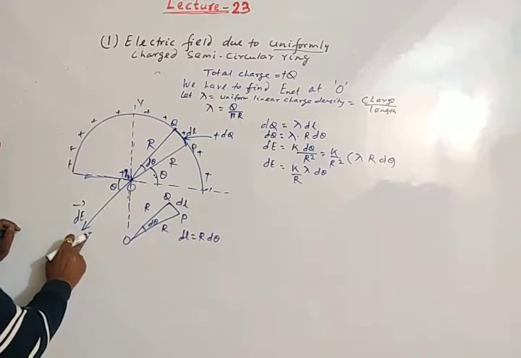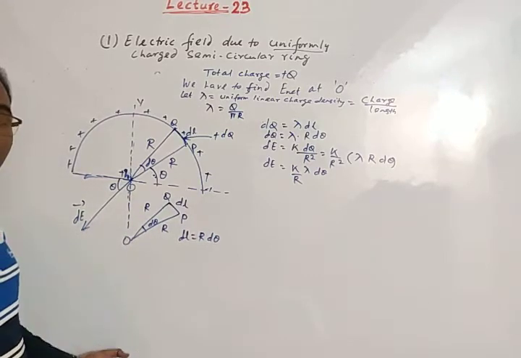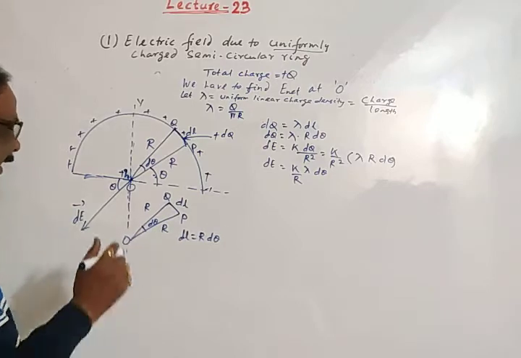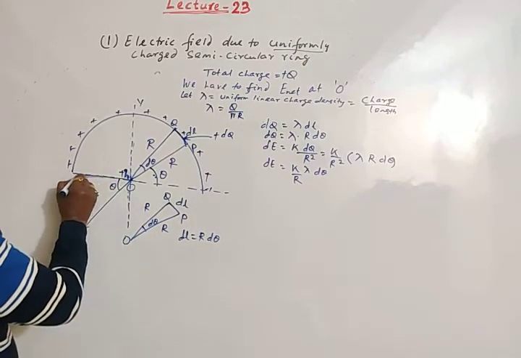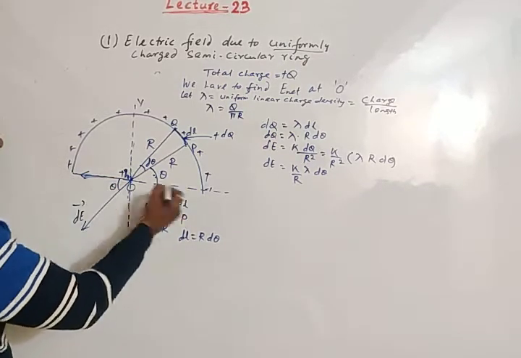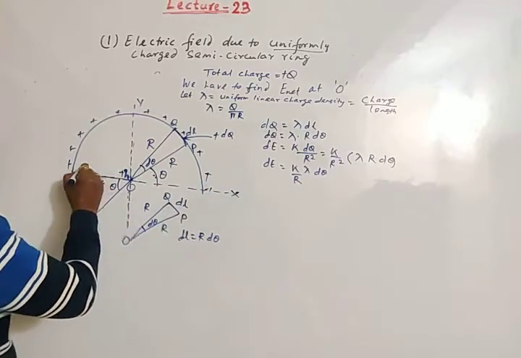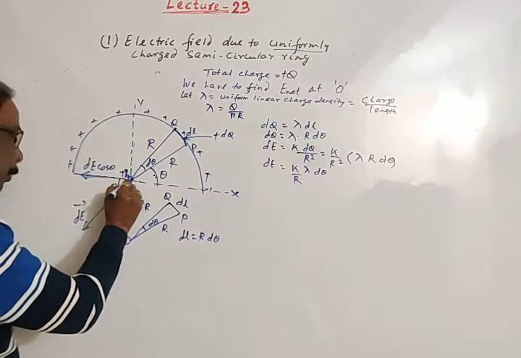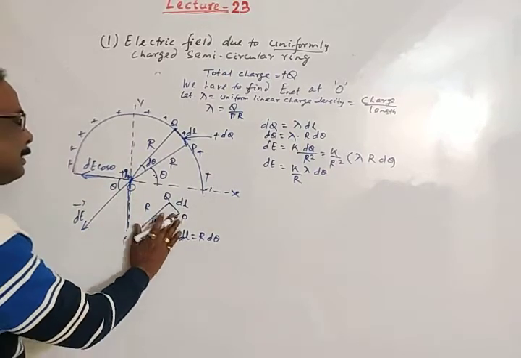Then this dE can be resolved into two rectangular components along negative x-axis. If this is x-axis, component is dE cos theta, and along y-axis, I am erasing this diagram.